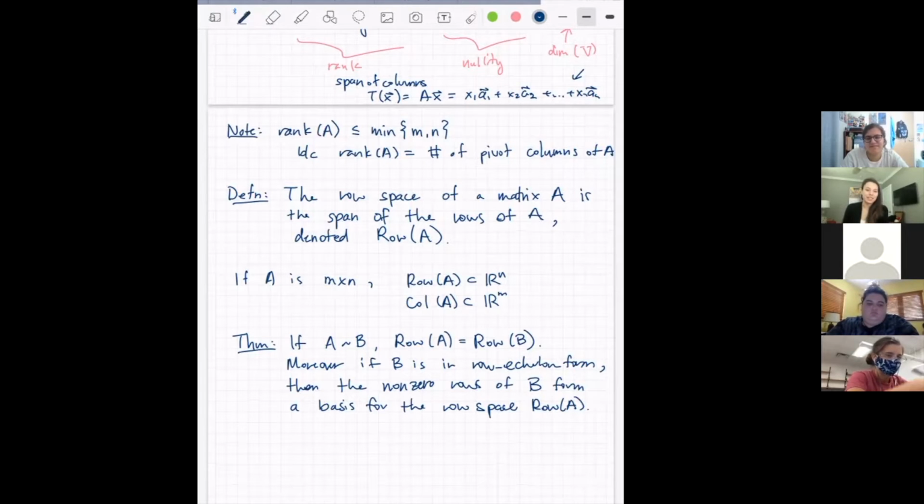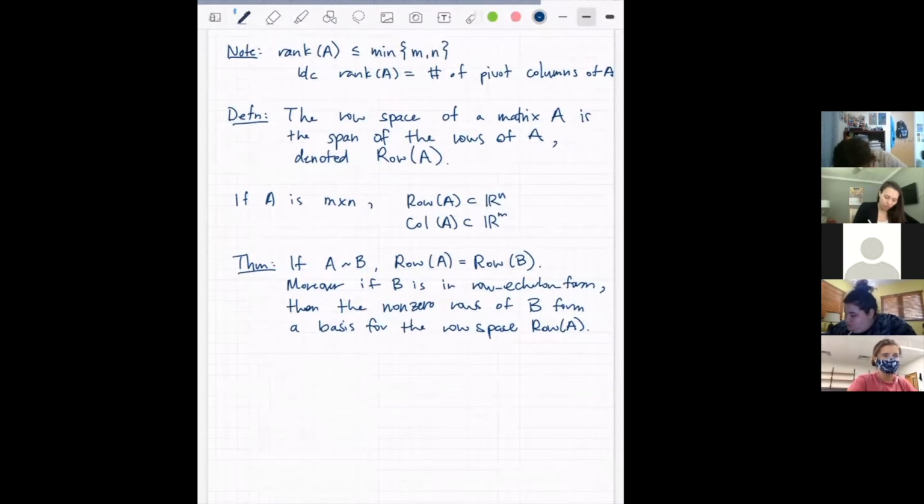Yeah, exactly. So this tells us how to find a basis for the row space, right? We just row reduce. We can stop once our matrix is in row echelon form, and then we just pick off the non-zero rows, right? So let's do an example of this. Say we start with a matrix A. Let's see, 1, 3, 2, 1.